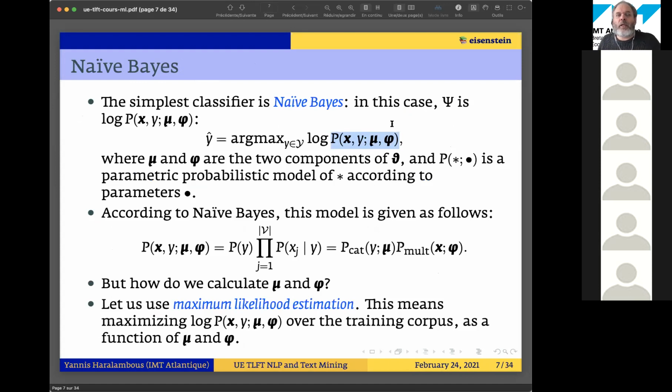So it's not only the conditional probability of an individual being in a given class.